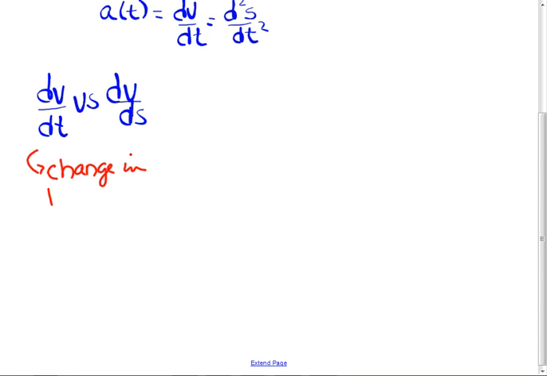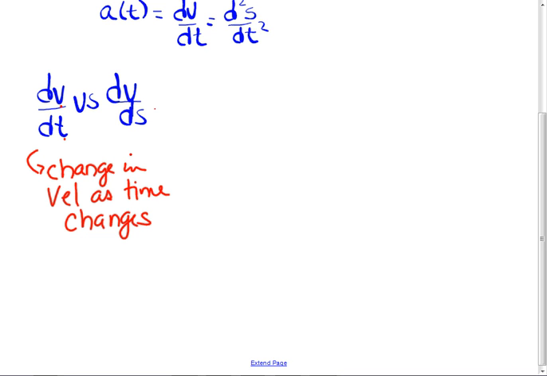In velocity as what changes? As time changes. What are they looking for on the exam? They're asking for the English. What does it mean? Don't give me instantaneous rate of change of the velocity, because that's not what it's asking. It says, what does it mean? If time changes, how does the velocity change?